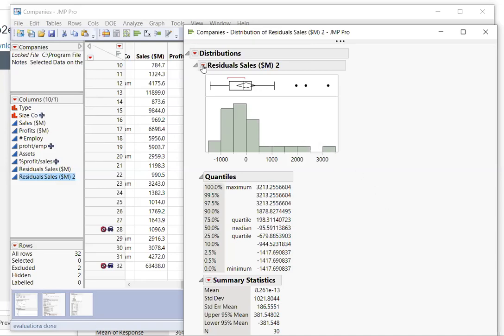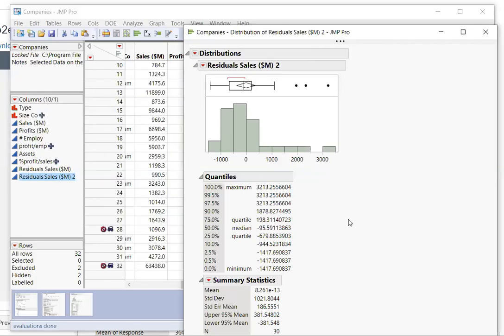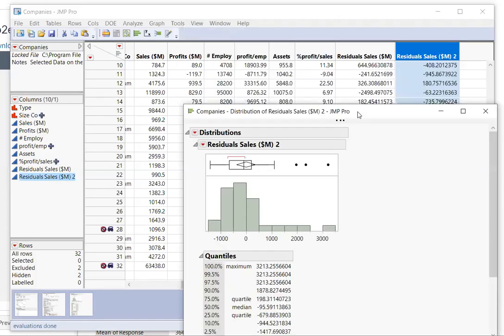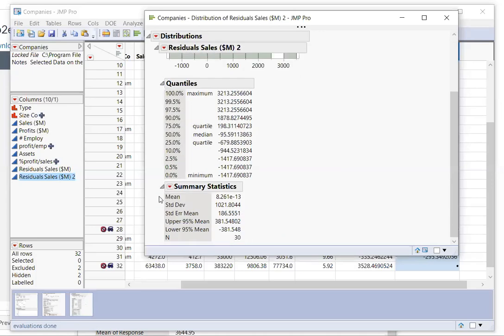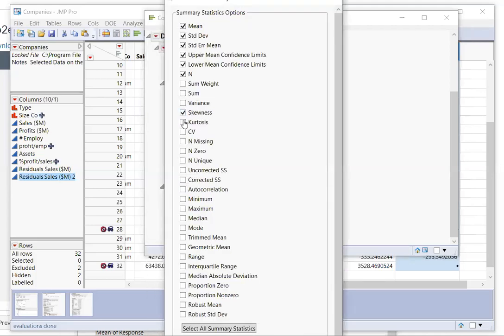So let's see how skewness and kurtosis look. Down here, red triangles, customize summary, skewness kurtosis.